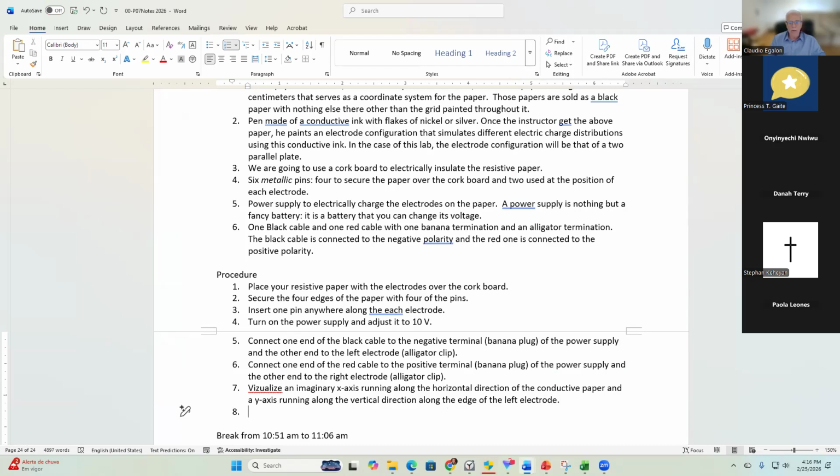The origin of this coordinate system is located in the middle of the left electrode.